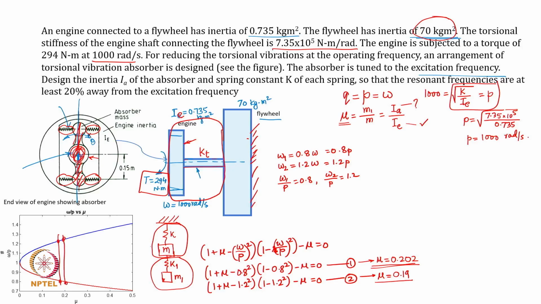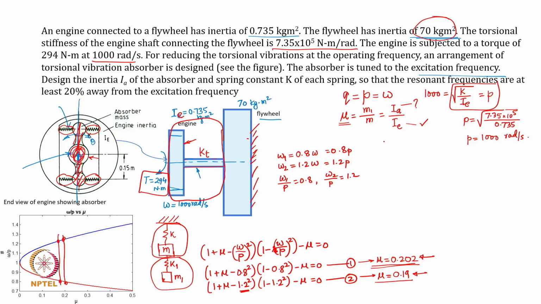The point is, if you design it based on this, it will satisfy this higher one, when you are operating at the higher of the two resonances, but it may not suffice for the required value of mu for the lower resonance frequency. So 0.202 is the mass ratio that you have to use, so that it satisfies the requirement at both the resonances.